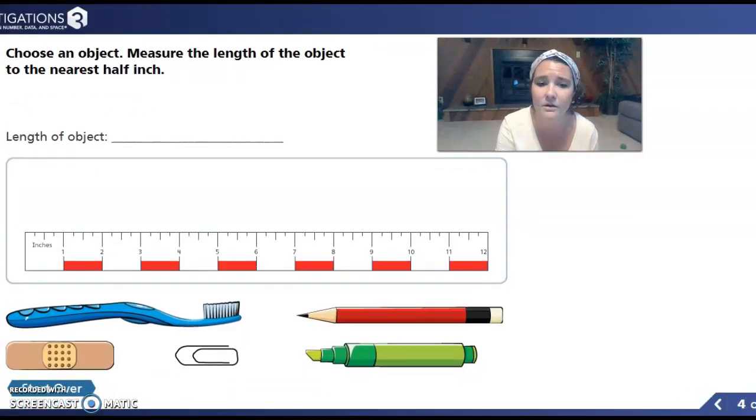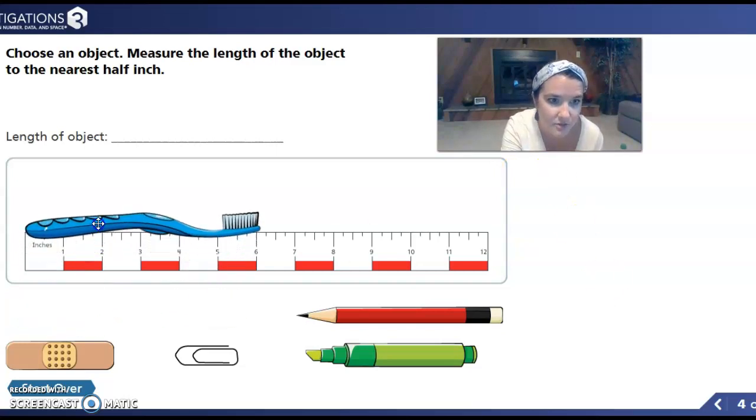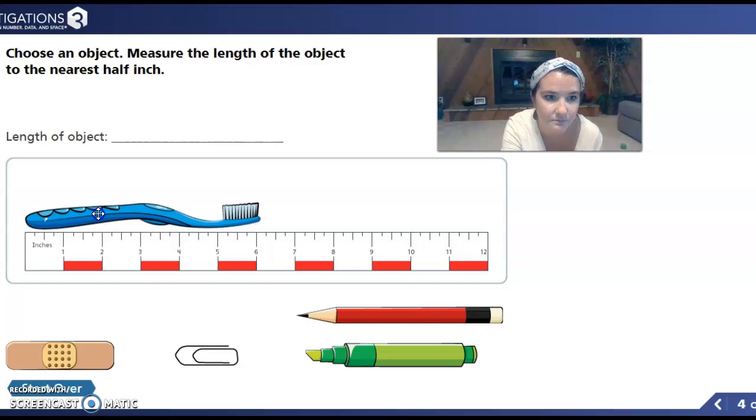Now, one of our math focus points is measuring to the nearest half inch. So I'm going to just do a few of these objects so you can practice. All right, so let's measure the toothbrush here.